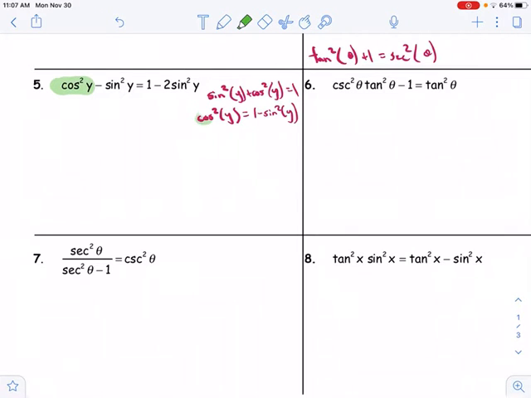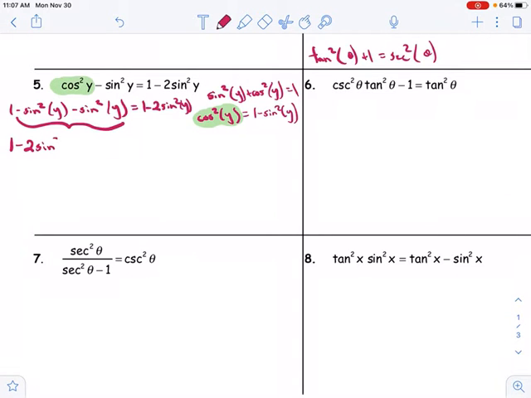So I'm going to use this in my equation and just replace cosine squared y with 1 minus sine squared y and see where we get. So this is now 1 minus sine squared y, and then I'm going to continue writing the rest of it. That's another minus sine squared y, equals 1 minus 2 sine squared y. If I combine these terms, then I end up with 1 minus 2 sine squared y equals 1 minus 2 sine squared y, which was what I was trying to prove. Good.